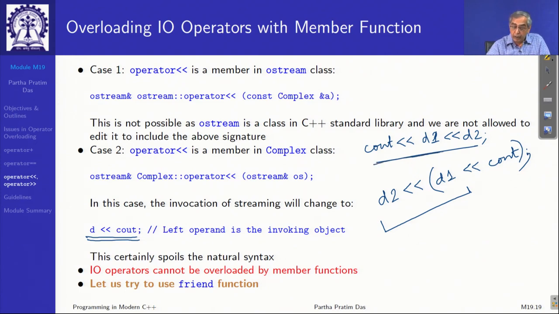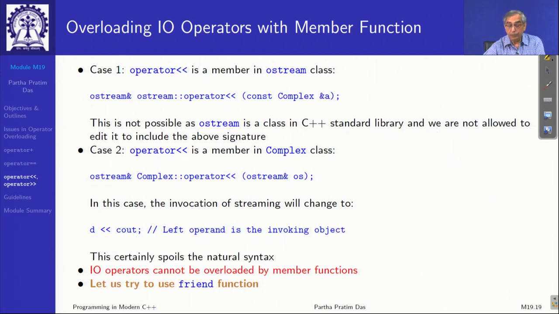So, while this is the form of the expression for a built in type, with my overloaded operator the expression will look something like this, which is really annoying. This is not making the natural extension of the type as I wanted to do.